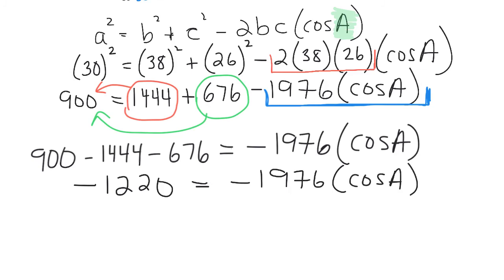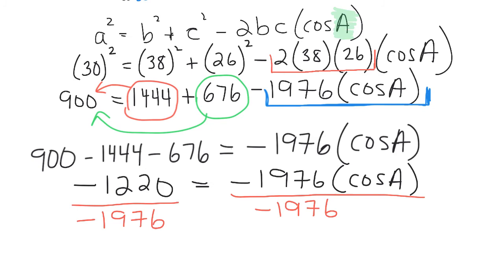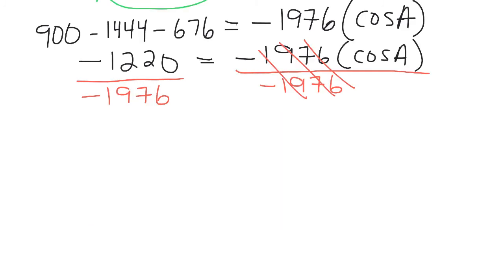Okay, now we're going to begin the process of isolating for A. Because we have this multiplication happening on the right-hand side, the first thing we're going to do is divide both sides by negative 1976. That's going to cause the numbers to cancel out on the right-hand side, and we'll just be left with cosine of angle A. On the left-hand side, if we perform that division, we are going to get a decimal answer.